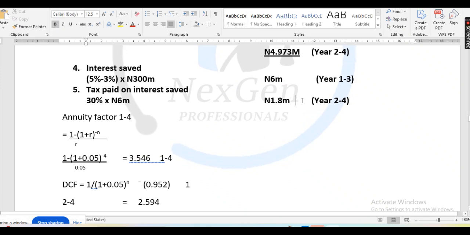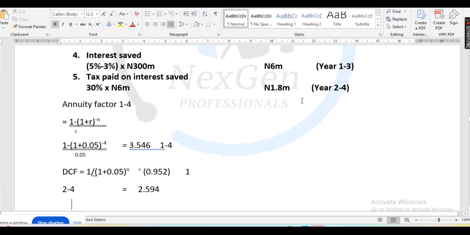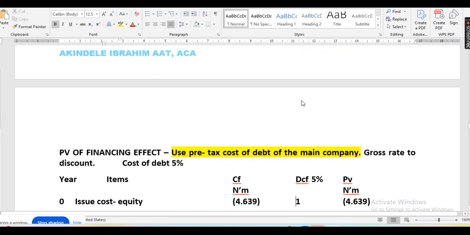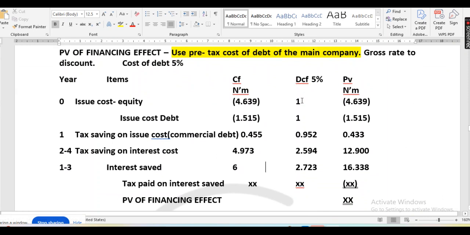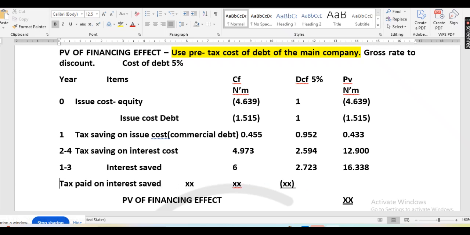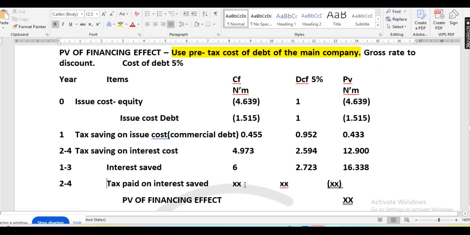Year 2 to 4. That is 1.8 million, right? Coming 1.8 million from year 2 to 4. We've done it before.